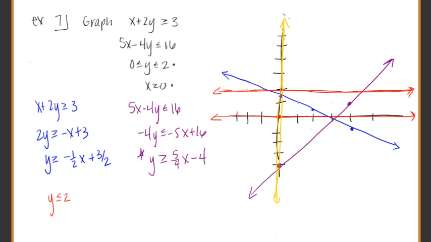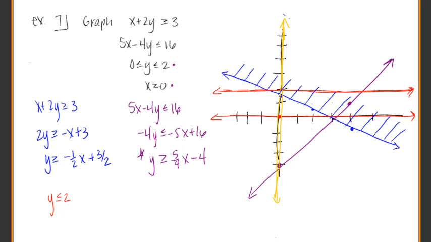With that blue line, I wanted all the y values that are larger or greater than that blue line. So I'm going to try to draw this small because I'm not going to go crazy with my shading, but that right there is all those y values larger or above that line. If we go to the purple one, it says I also want all those y values larger than that line.